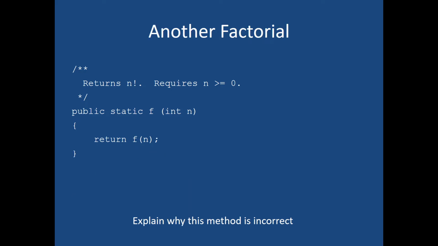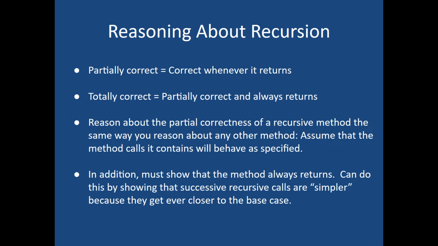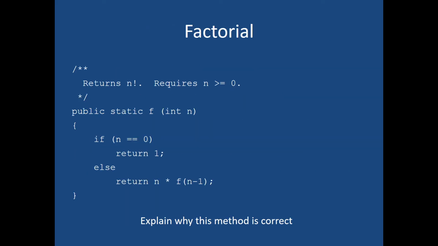What about this one here? We argue that it's partially correct. If it returns, it'll return n factorial. In fact, if it returns, it'll return the square root of n. It just never returns. But is it totally correct? No, because it doesn't always return. So when we're reasoning about partial correctness, you have to convince yourself that the method returns n factorial, assuming that this recursive call returns n minus 1 factorial.